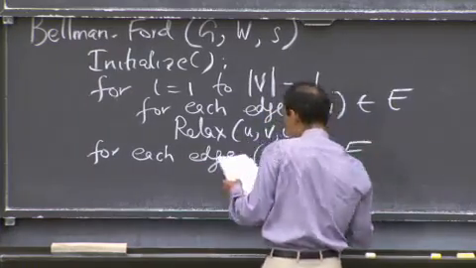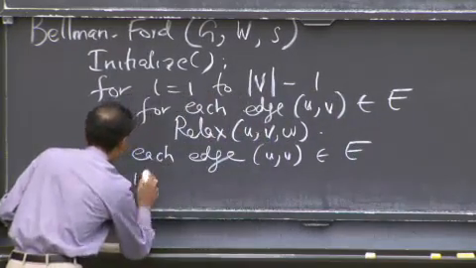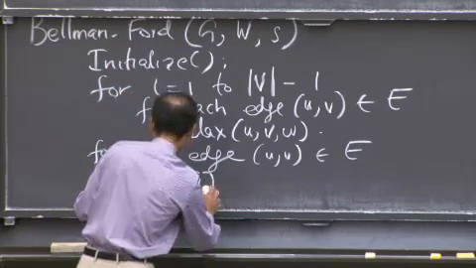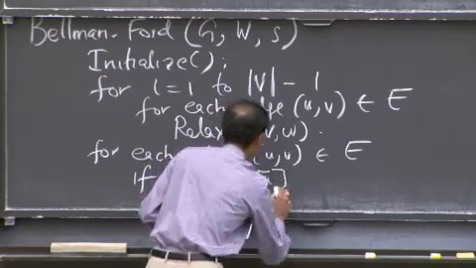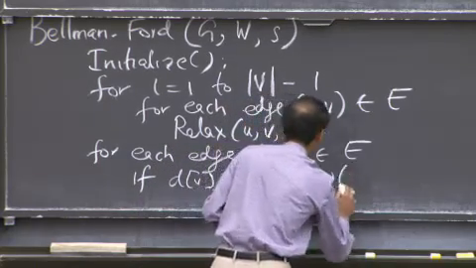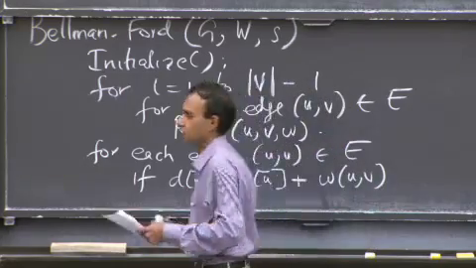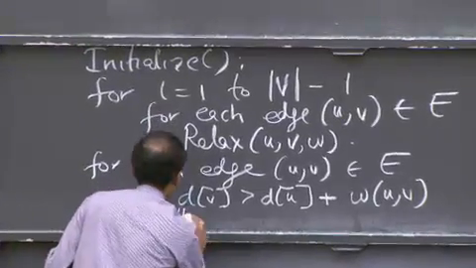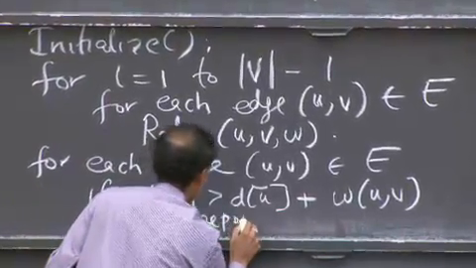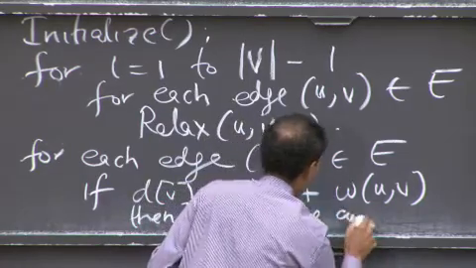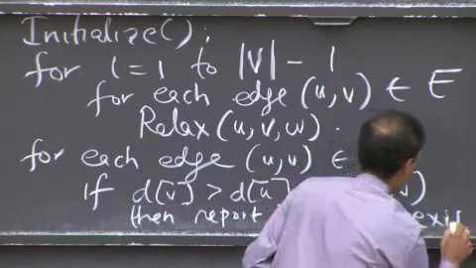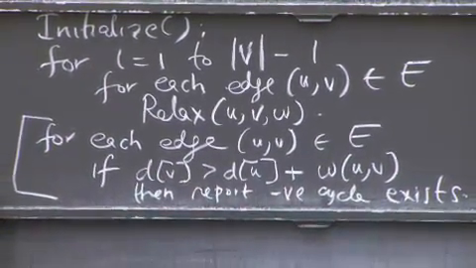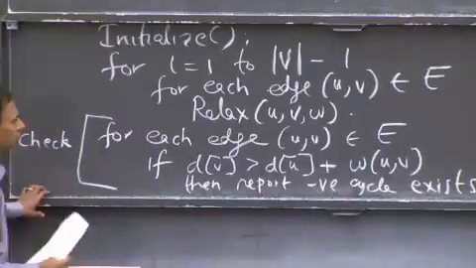For each edge in the graph, if you see that dv is greater than du plus wuv, so you're not doing a relaxation, you're doing a check to see if you can relax the edge, then report negative cycle exists. So this is the check, and the first part is the computation.